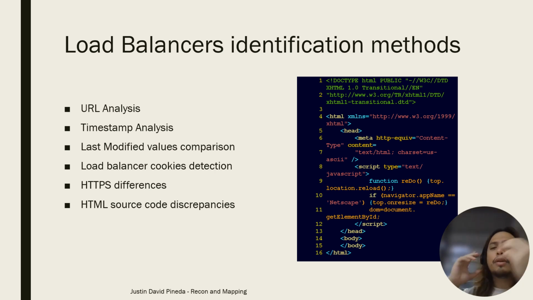But if not, you can also check them yourself. You can check through URL analysis: usually if there's www2, www3, that is an indicator of a load balancer. Then timestamp or last modified values comparison.